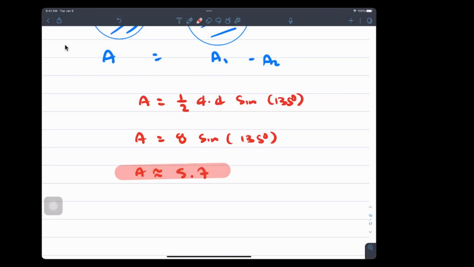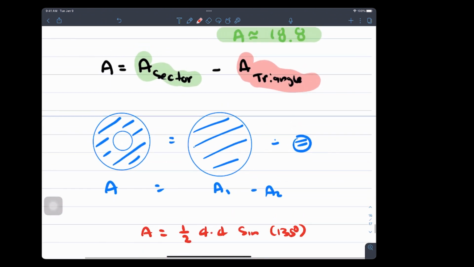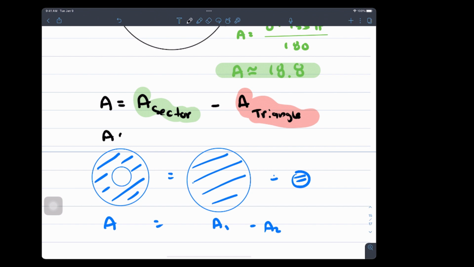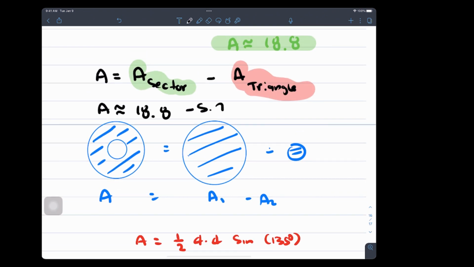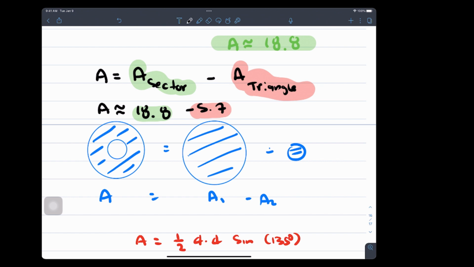You want to know something, ladies and gentlemen? What's your area? Area is going to be this: 18.8, which is the area of the sector, minus 5.7, which is the area of the triangle. What is that going to be? 18.8 minus 5.7 is 13.1.